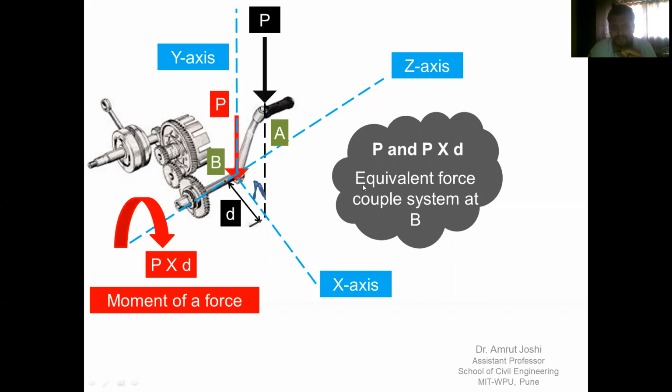This is called the equivalent force couple system at B. That means if I remove this force P at A and apply force P at B and a couple moment of magnitude P into d in this sense, its effect on all other points of the body will be the same as the effect of force P applied at A. So therefore we call it the equivalent force couple system at point B.